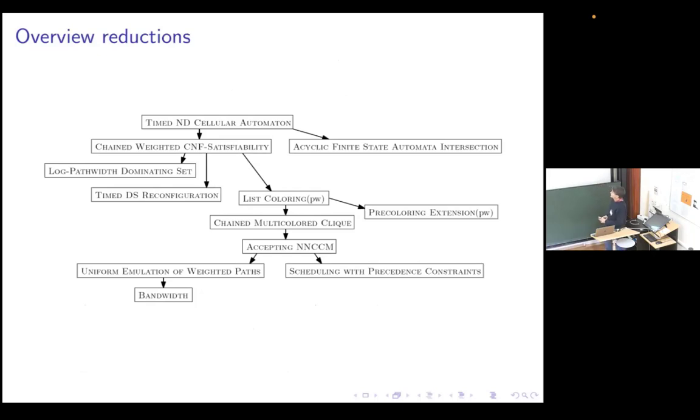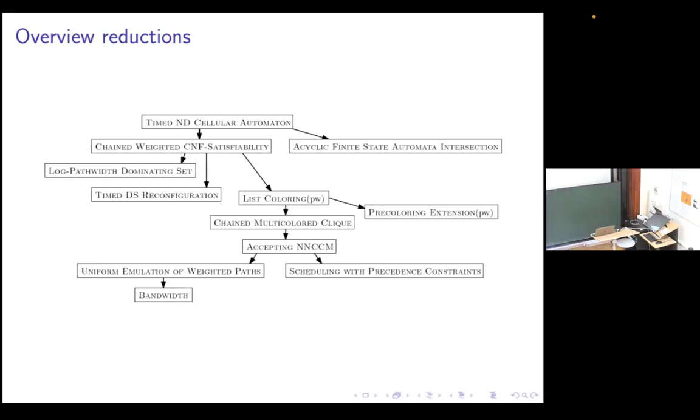And then, you can see it's quite a sequence of reductions, where we start with this cellular automaton problem, then we go to a kind of chained variant of satisfiability. We go over a problem on graphs about the pathwidth, chained multicolored clique.